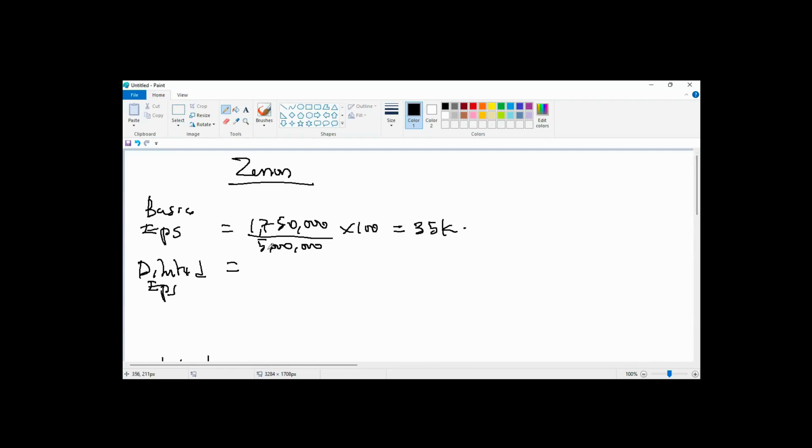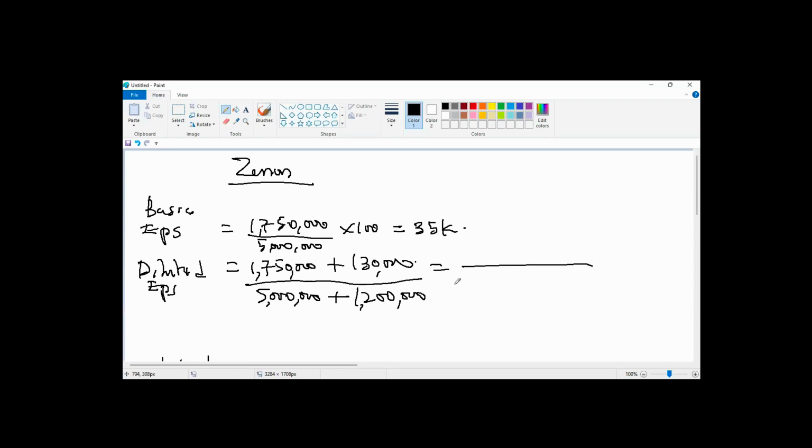Okay, that's okay. 1,750 plus 130,000 divided by 5 million plus 1.2 million, which is going to equal 1,880 over 6,200, which gives 30 kobo.